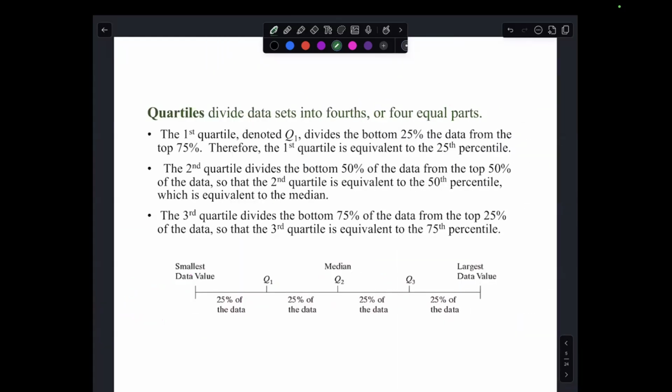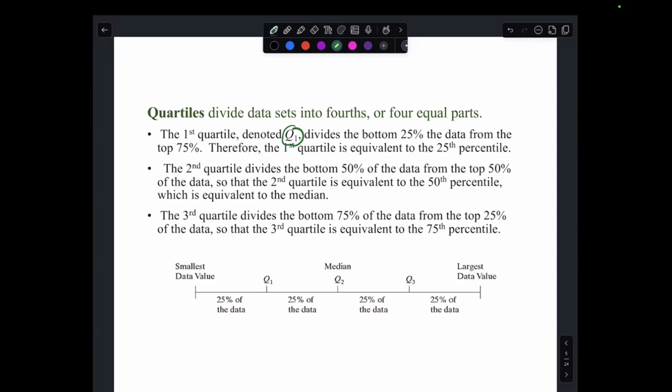So we've already been calculating median, but now we're going to talk about quartiles. Quartiles split the data set into 4 equal pieces. Our first quartile is the bottom 25%. We use Q1 for quartile 1. The second quartile is the second 25% of the data, and it separates the bottom half from the top half.